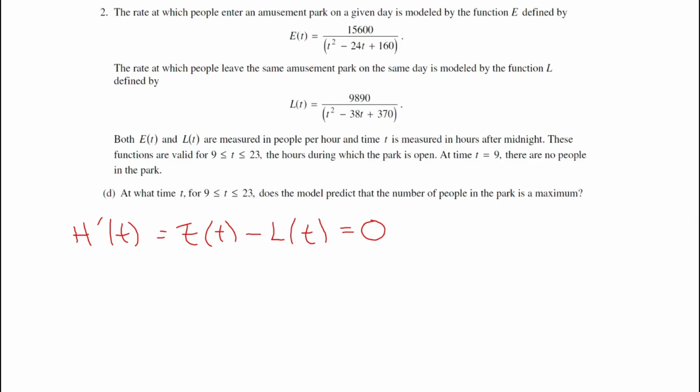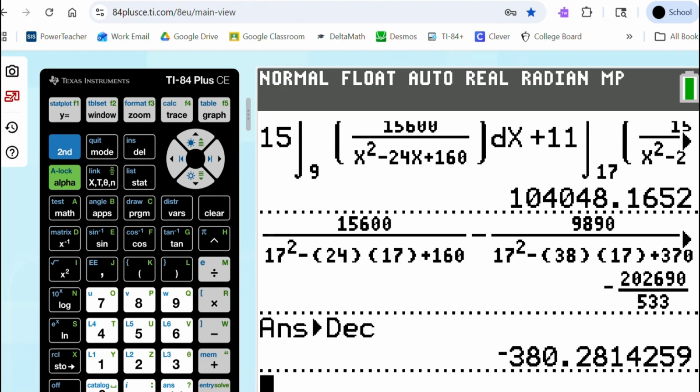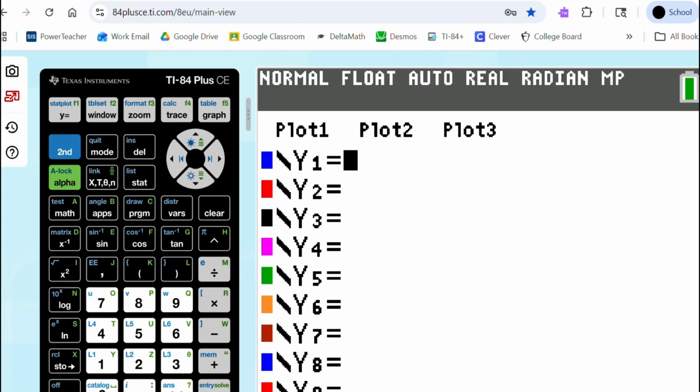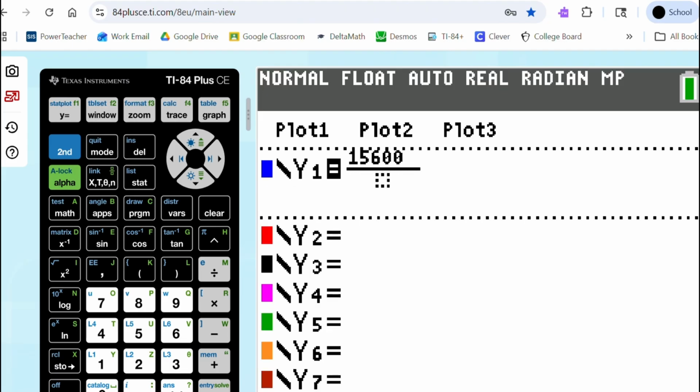Now, it's obviously not going to be at 9 when the number of people in the park was 0, but we can see when E of t minus L of t is equal to 0 by just going back to our graphing calculator, hitting y equals, and putting in the function E of t minus L of t. So just going to retype E of t minus L of t here, and then graph it and see when it's equal to 0.